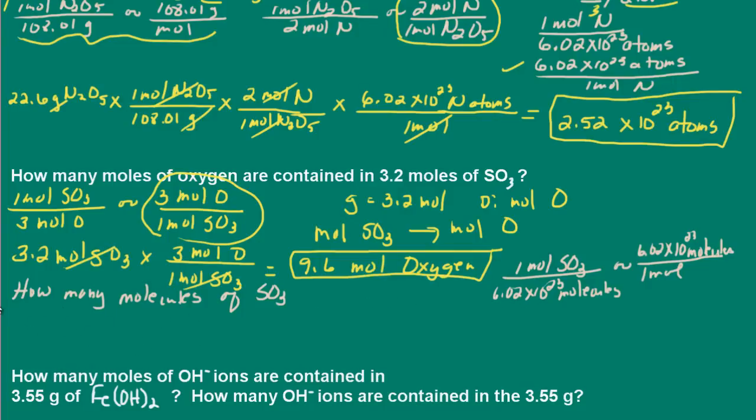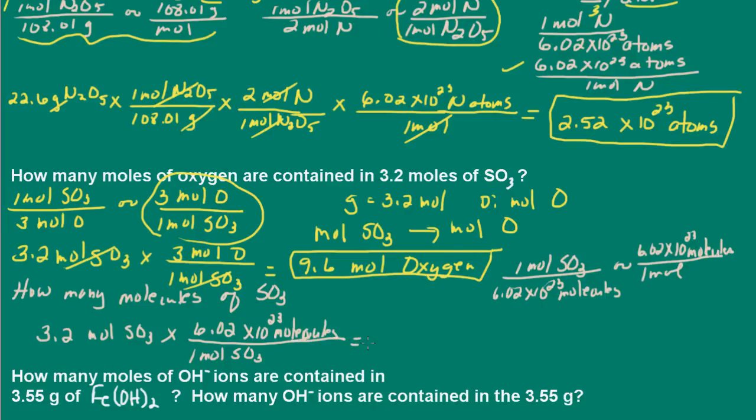I'm going from moles of sulfur trioxide to molecules, so I just need the 1 conversion factor. We have 3.2 moles of sulfur trioxide, and we know that 1 mole of sulfur trioxide contains 6.02 times 10 to the 23rd molecules. So let's see what that is.